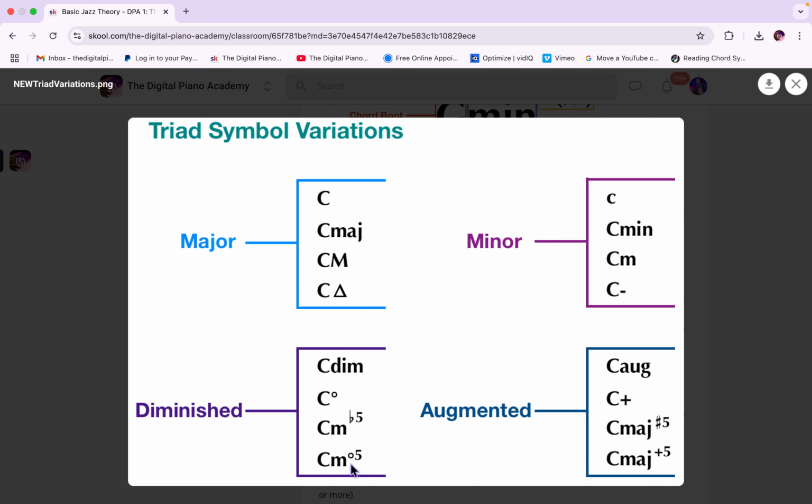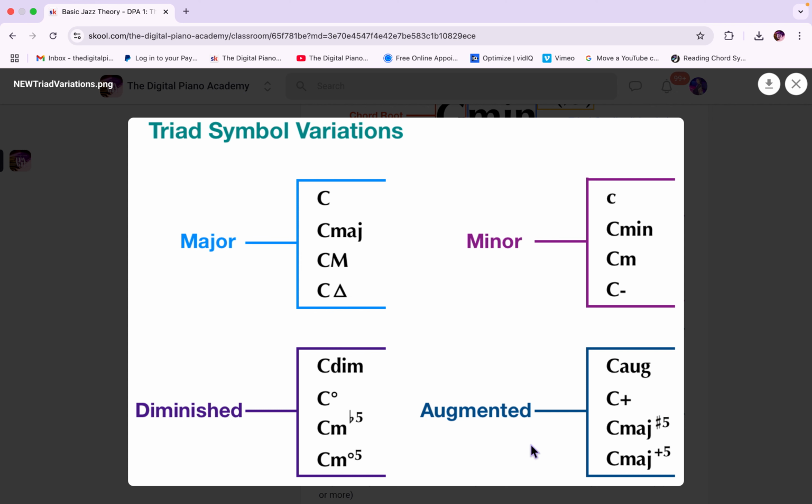And C m 0 diminished 5. Okay? These two I would say are less common. You are more than likely going to just see the C circle and the C dim. Usually when I would see something like C m flat 5, it's more so leaning towards 7th chords, so that's why I wouldn't say that you would see these last two.